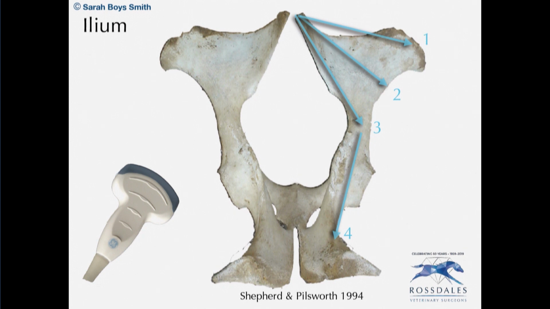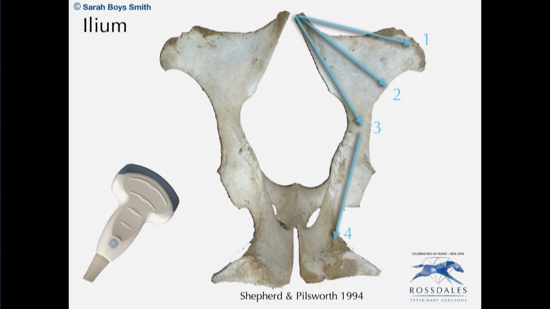Essentially, as has been well written up, we want to make sure that we scan the entire width of that ilial wing. It is a very broad plate of bone, and we do that by making sure we scan in at least 3 directions, in longitudinal and transverse, down from your tuber sacrale towards the tuber coxae and onto the ilial shaft.